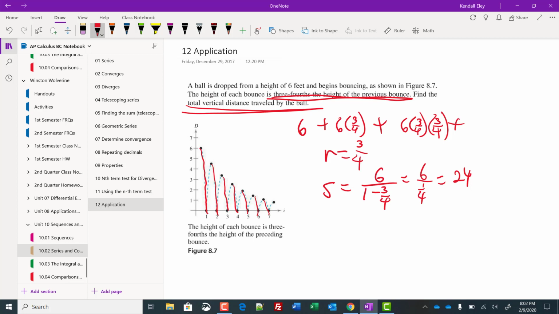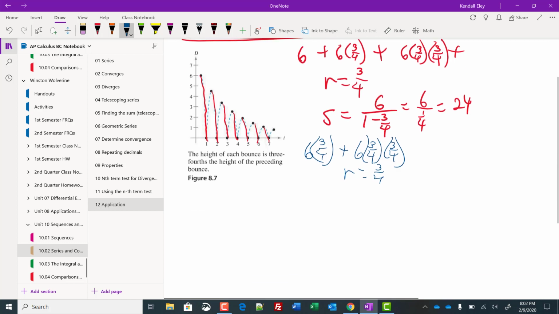Well, the only difference between the up sequence and the down sequence is it doesn't rise 6 the first time. On the up sequence, it starts off at this distance, 6 times 3/4, and then the next one is 6 times 3/4 times 3/4. So we've got the same common ratio. The only difference is we've got a different first term.